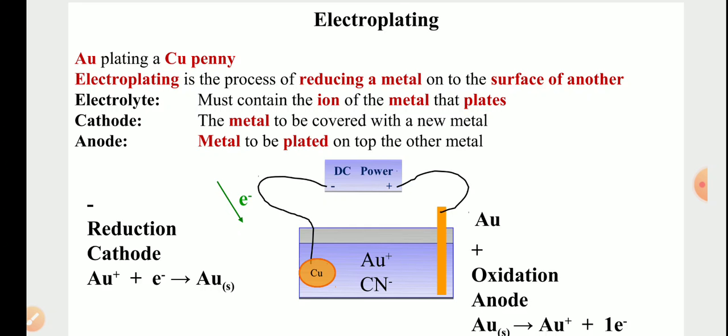So we use this for ornaments. If we take silver and make a layer of gold on it, then it will be called gold plated jewelry, or one can say it is city gold and other names, but ultimately you can get a touch of gold.